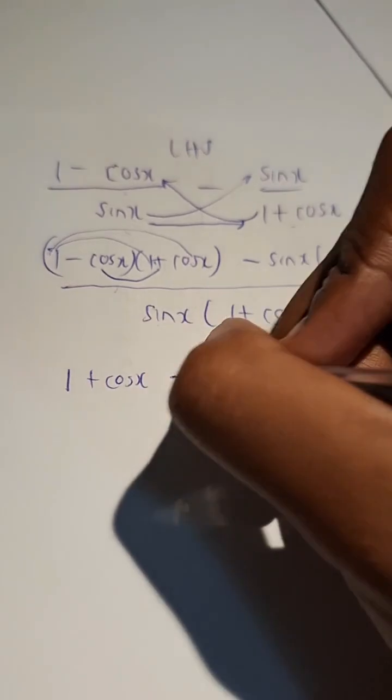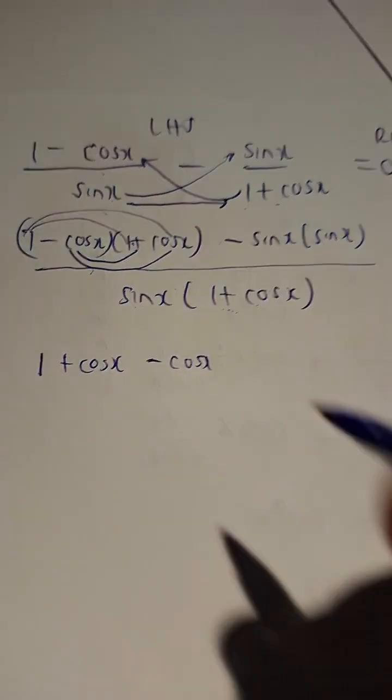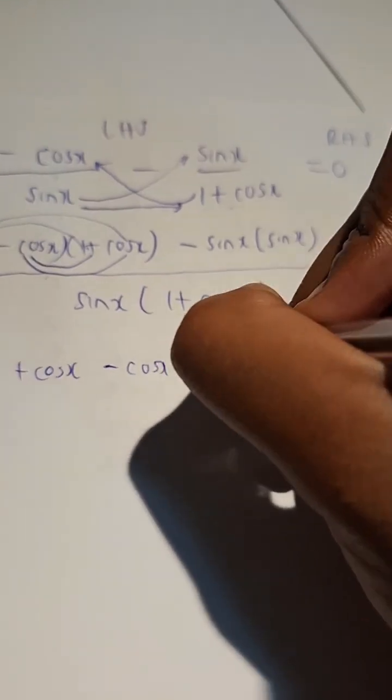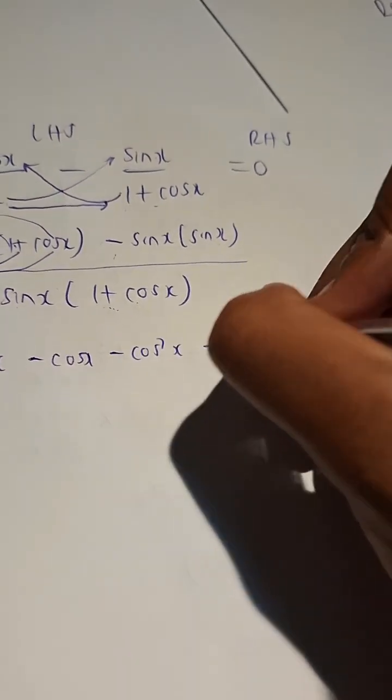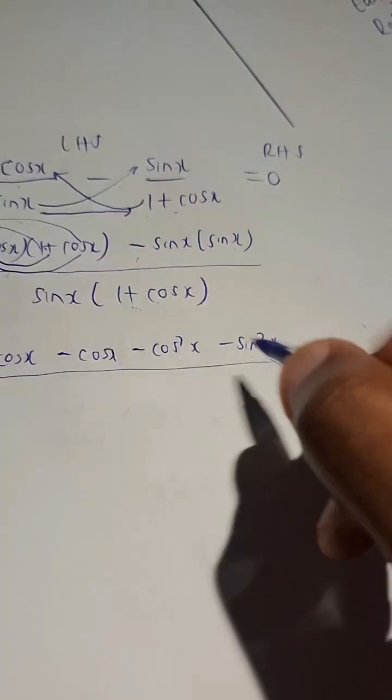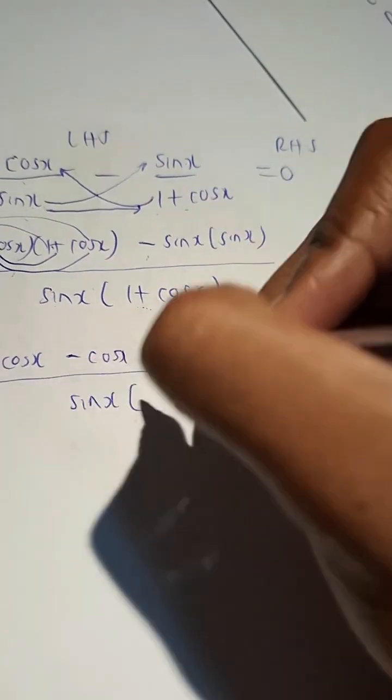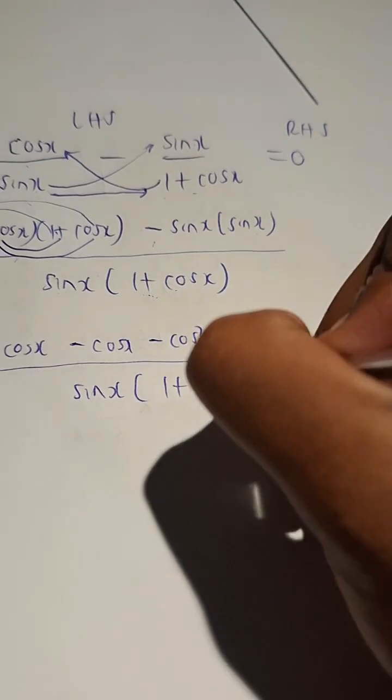Negative cos x times 1 is negative cos x. And then negative cos x times positive cos x is negative cos squared x. Negative sine x times sine x gives me negative sine squared x, over sine x into 1 plus cos x. Leave that like that for now.